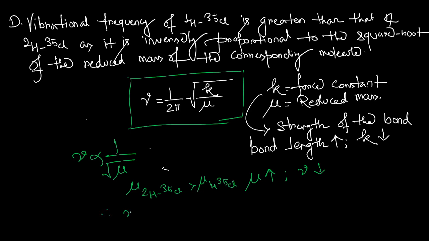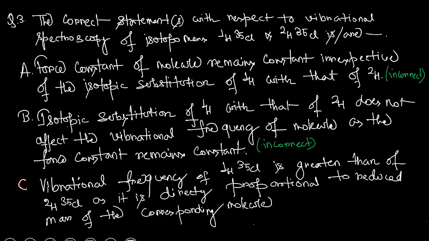Therefore nu of 2H35Cl will be less than nu of 1H35Cl. Okay, so this option is also incorrect.